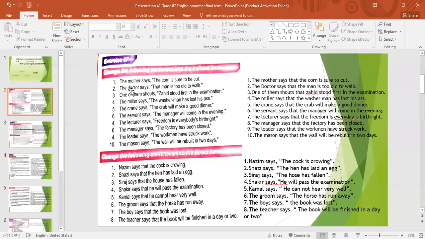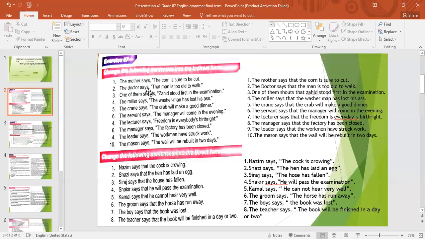Sentence number one is: The mother says, "The corn is sure to be cut." So here we change the sentence to indirect. The mother says that, and we remove the inverted commas: The mother says that the corn is sure to be cut. We just add "that" and the sentence becomes indirect.